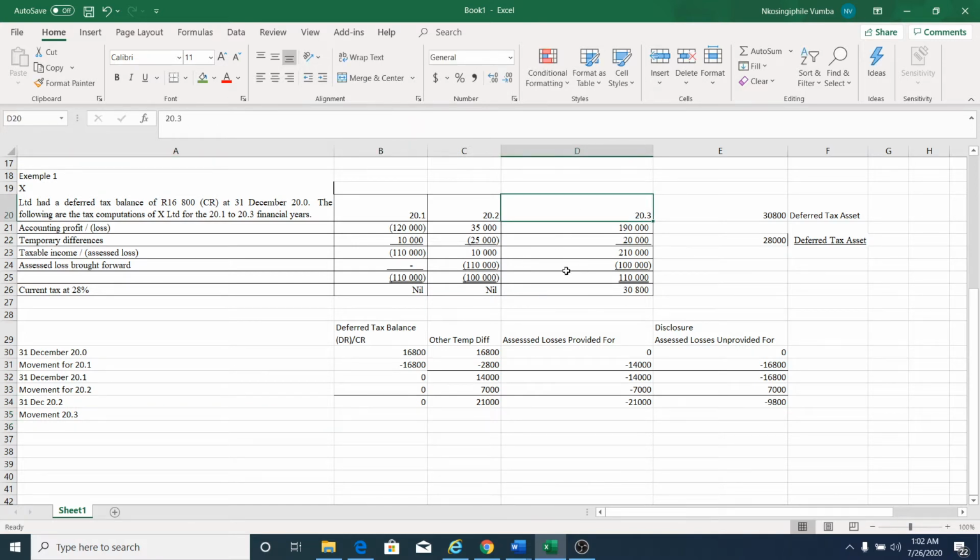Here's 20.3. We have a temporal difference of how much? Of 20,000. Obviously, 20,000 multiplied by 28% should give you 5.6. This is a deductible temporal difference, and we said deductible temporal differences are negative. So we have negative 5.6.